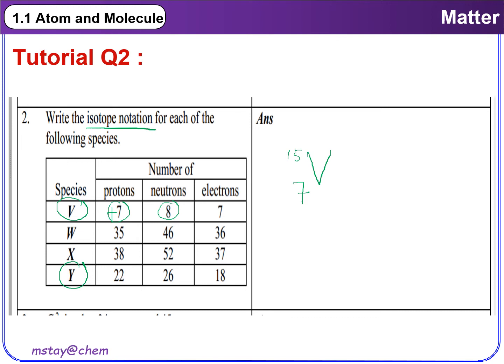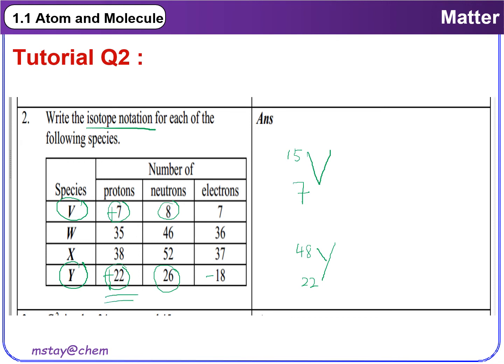First we have the symbol of Y. Second, we put the proton number. Third, we total up the number of protons and neutrons to get the nucleon number. Then the fourth information is the charge. There are 22 protons while 18 electrons.